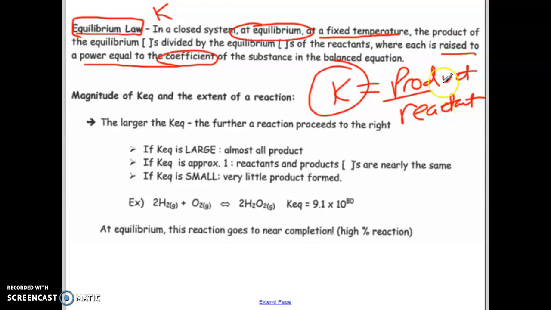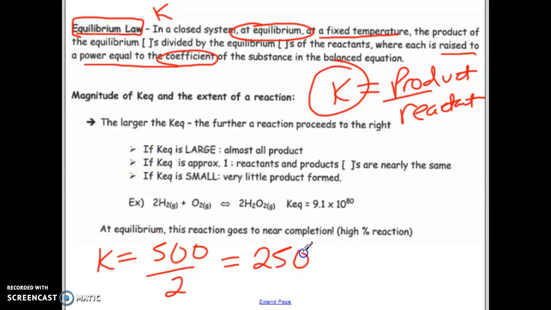Think of any time you're dealing with fractions. If you have a large numerator and a small denominator, when you divide those two out, your K value is going to be large. Let's say, I'm just going to make up numbers here, 500 divided by 2, I'm going to get the number 250.